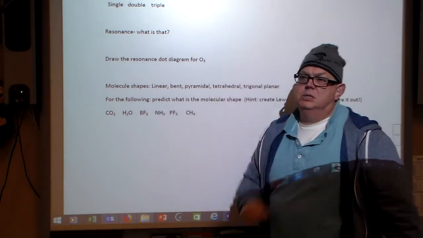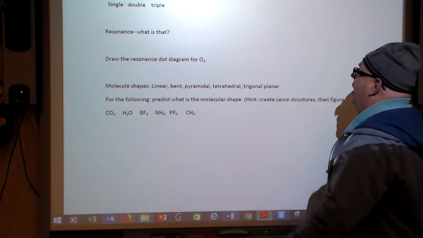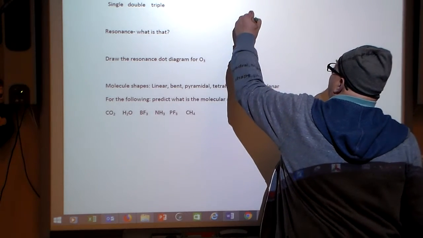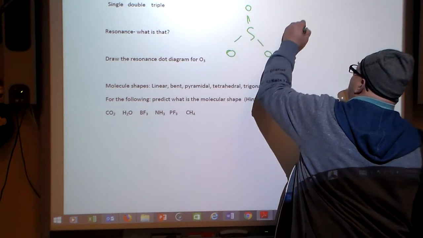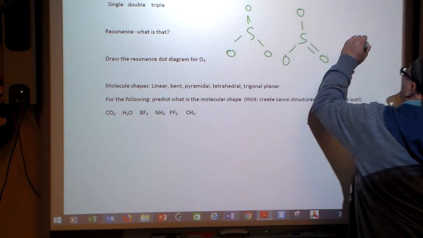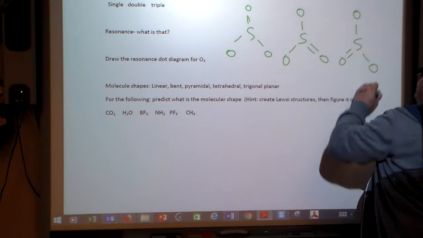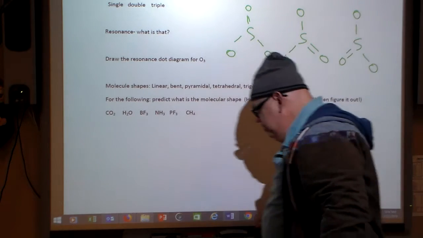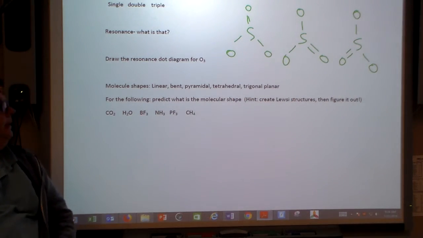Okay, resonance. Well, what is that exactly? Here are three little structures, and they're all correct for SO3.